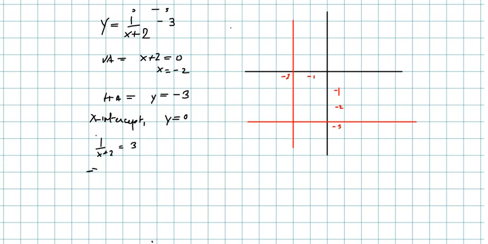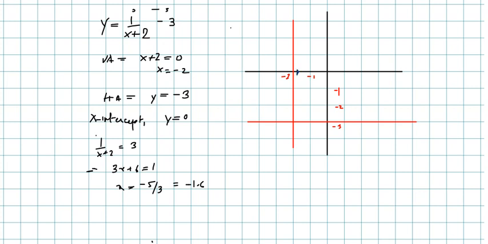So, that gives me 3x plus 6 equals 1, sorry, not 0, it would be 1. So, this reduces to 1 minus 6, that gives me minus 5 by 3, that gives me minus 1.6. So, minus 1.6 will be somewhere here.